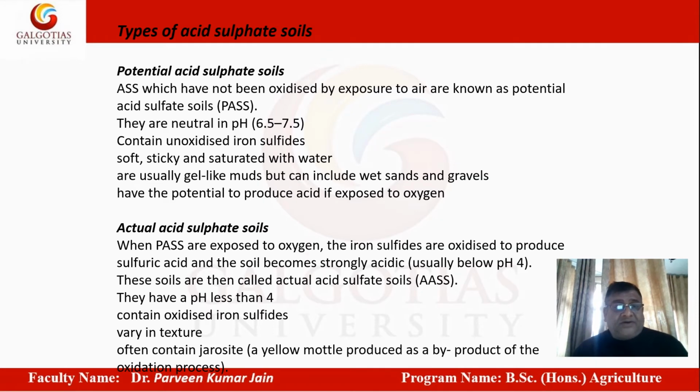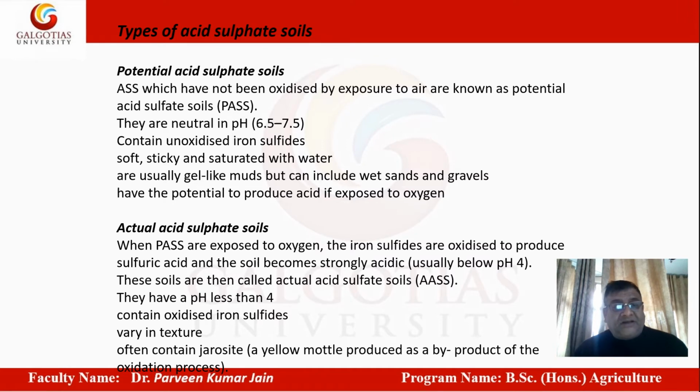Now the types of acid sulfate soils. First, potential acid sulfate soils, ASS, which have not been oxidized by exposure to air. They have neutral pH around 6.5 to 7.5, contain unoxidized iron sulfides, are soft, sticky and saturated with water, and are usually gel-like muds, but can include wet sands and gravels.